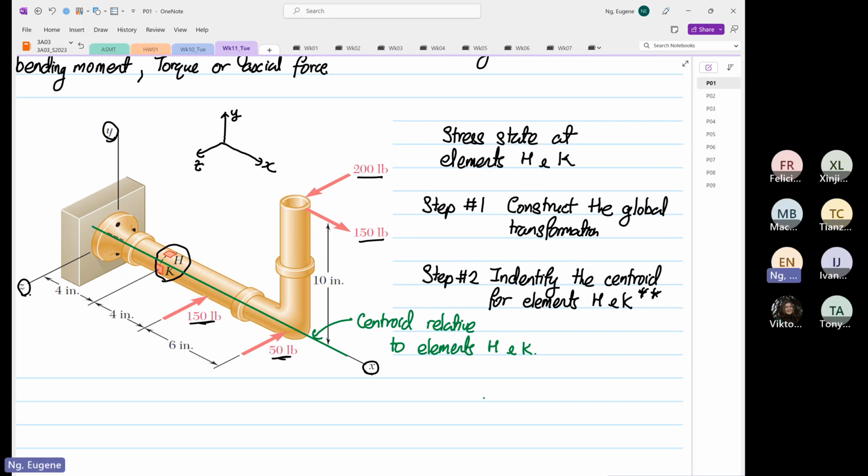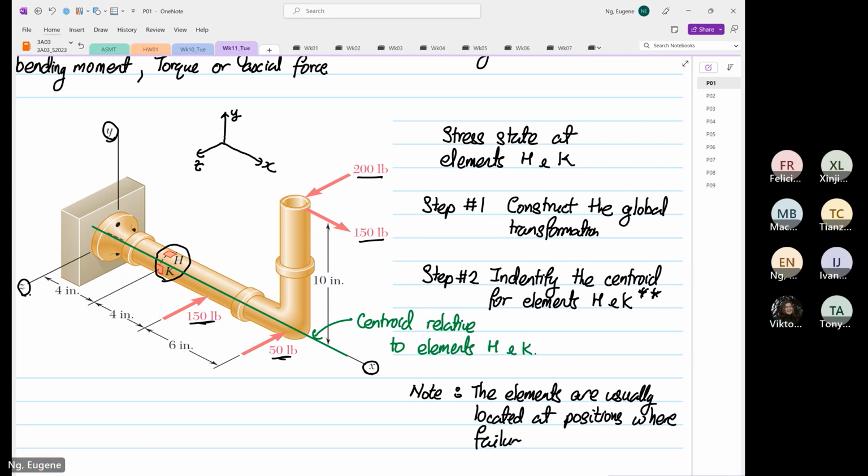In some problems later on, maybe in 2 weeks' time, you have to identify where the elements are. So take note, the elements are usually located at positions where failure will occur.